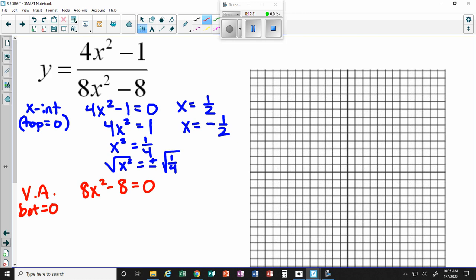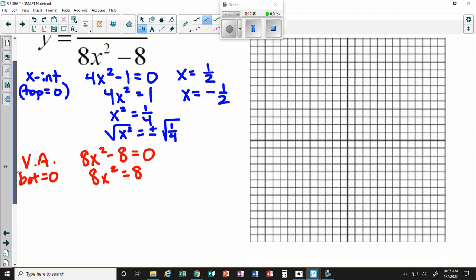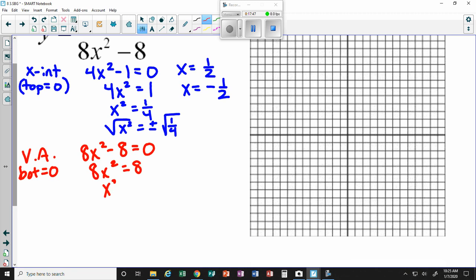It's x squared with only one x term, so I can undo. I add 8 to both sides, so I get 8x squared equals 8. Divide by 8. So x squared equals 1.